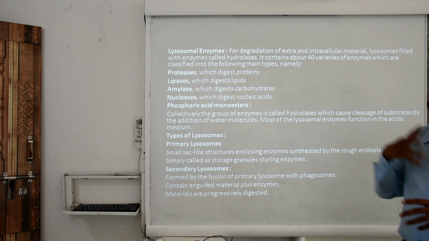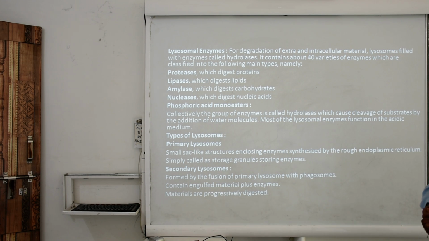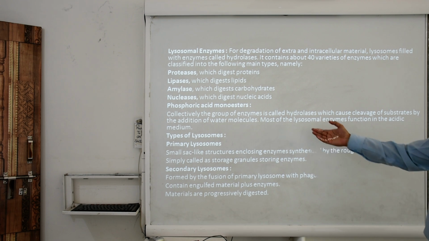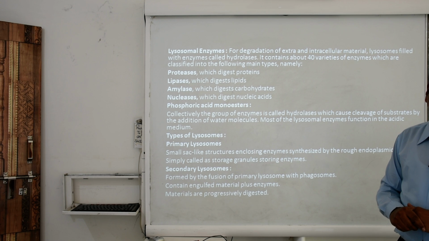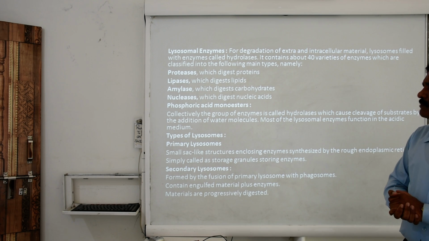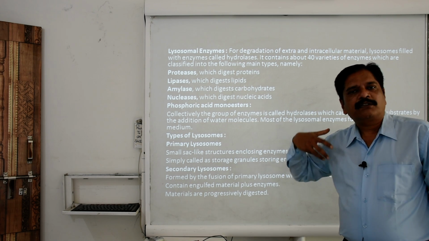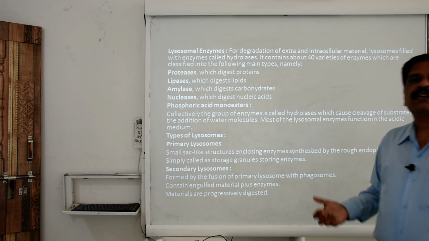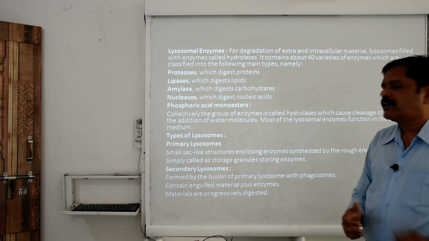That means they work by digesting, by hydrolyzing the substances, and mostly the lysosomal enzymes function in an acidic medium. So remember, this acidic medium is basically required. Then on the basis of origin we can categorize these lysosomes into primary and secondary lysosomes.